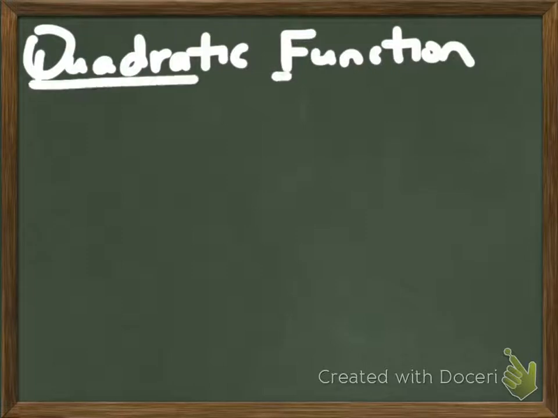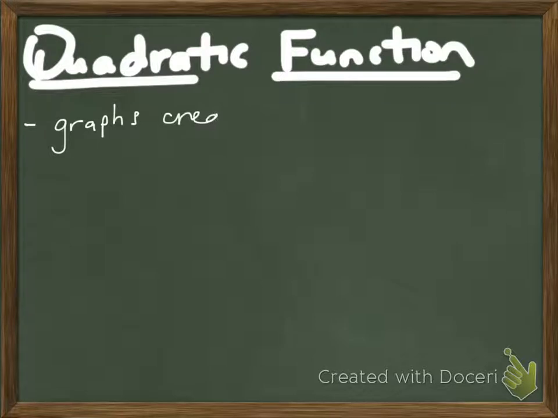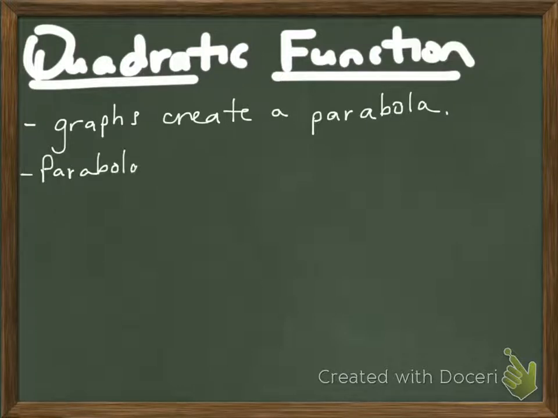Important things to remember about a quadratic function: all these graphs are going to be different when you graph them, but these graphs create a parabola. And you spell parabola like this. Okay, a parabola is a U-shaped graph.